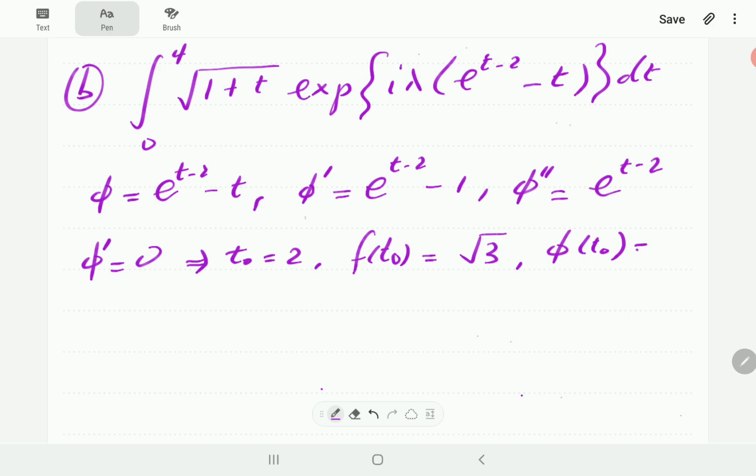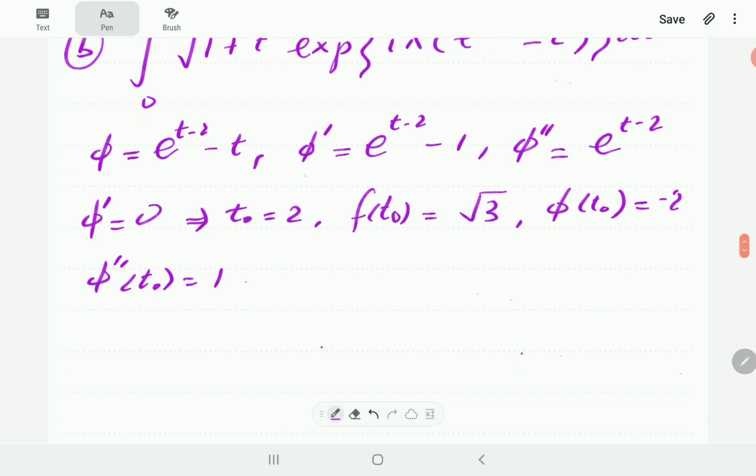Phi of t naught, so if we plug in 2 there, we're going to get negative 2. And phi double prime at t naught is going to give us 1.